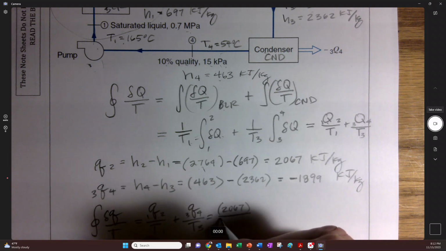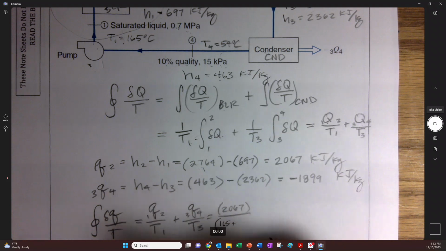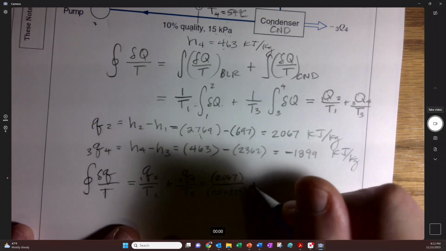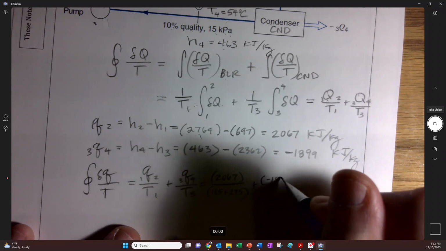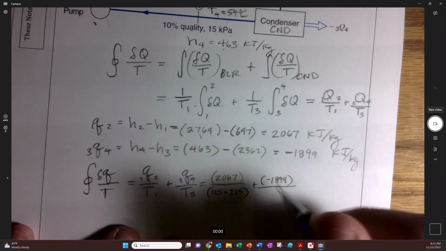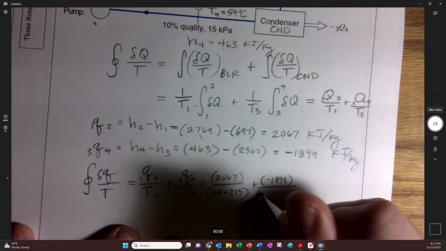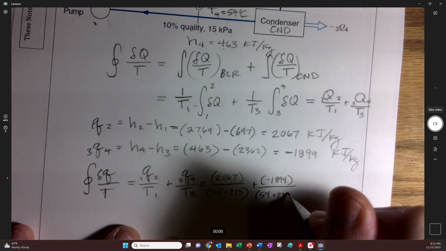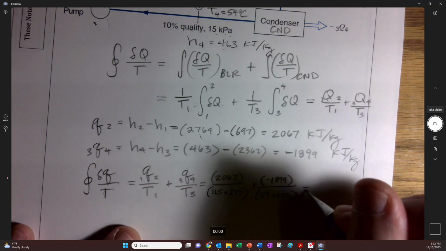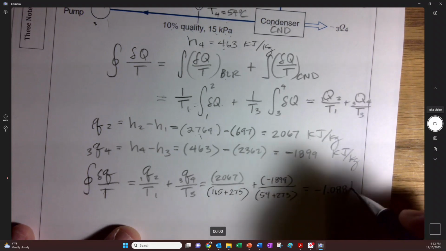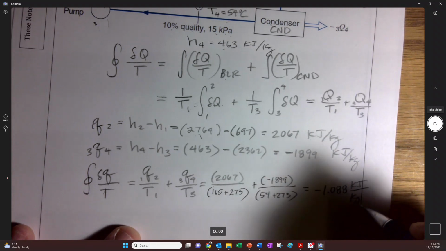So T1 is 165 plus 273. And this is plus negative 1899. And this temperature is 54 plus 273. And what we end up finding is negative 1.088 kilojoules per kilogram degree Kelvin.